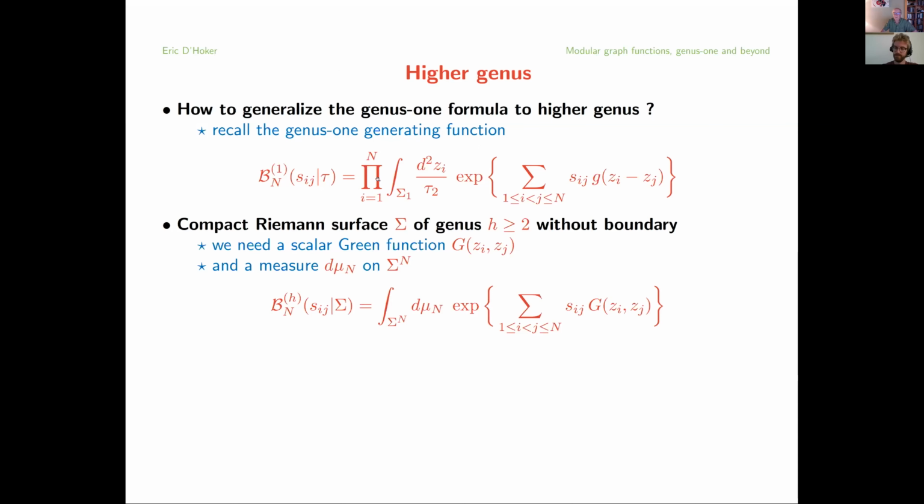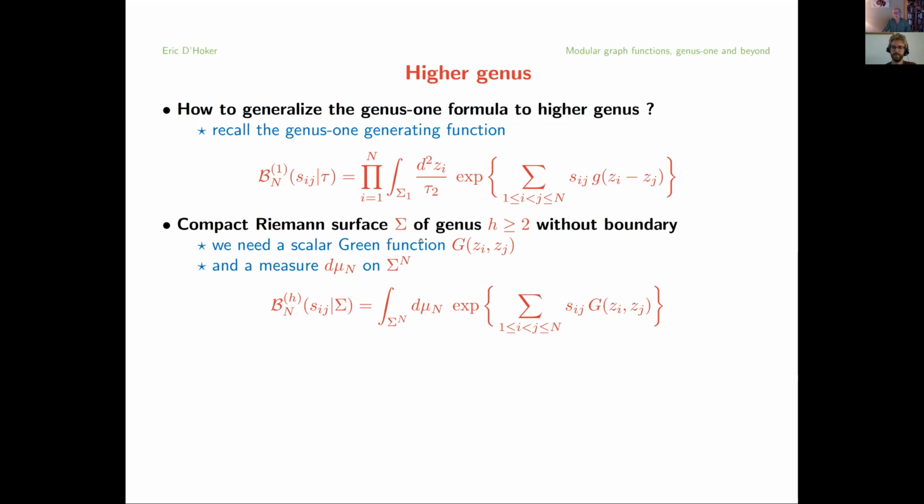Remember what the genus 1 formula looked like. So remember, this is always unintegrated over moduli. So it was an integral over n copies of the torus and then this exponential of the kinematic invariant S times the Green's function.